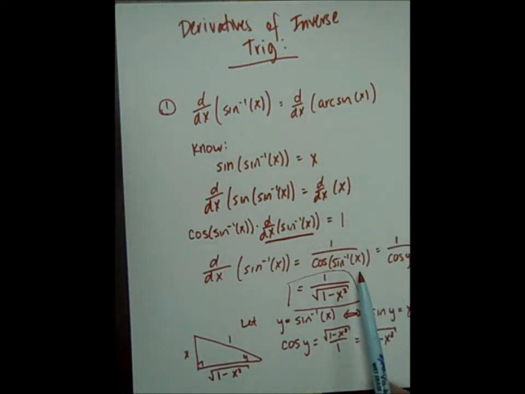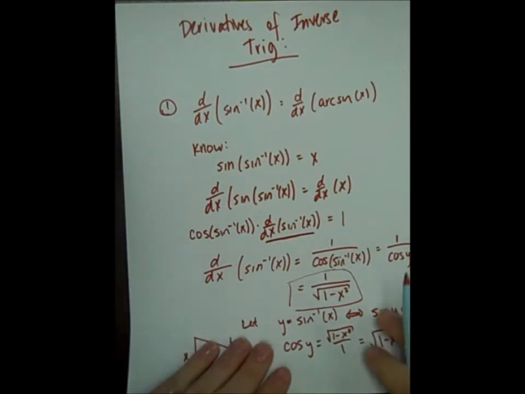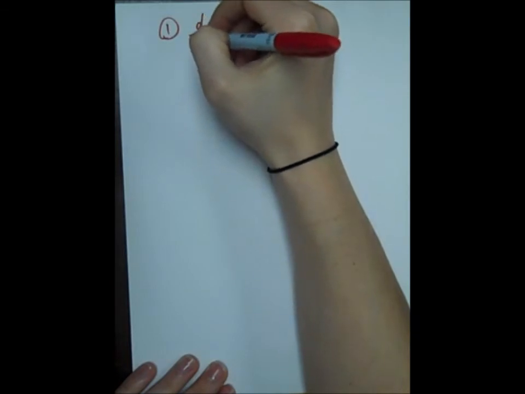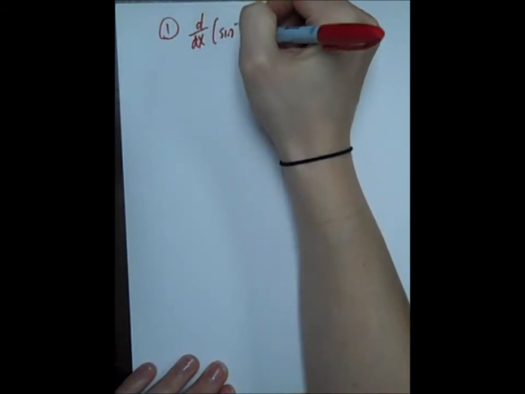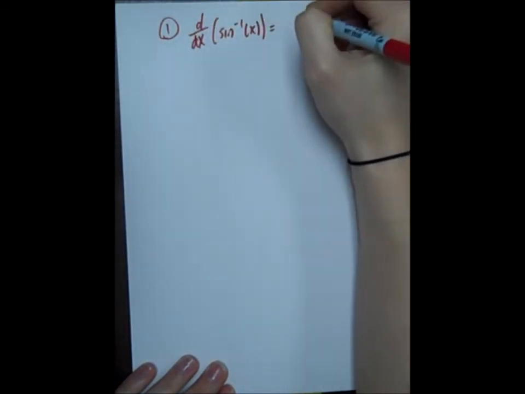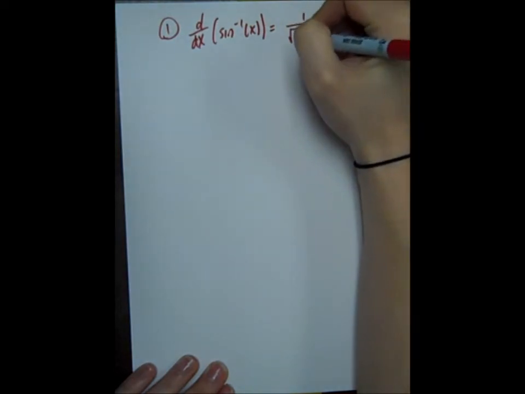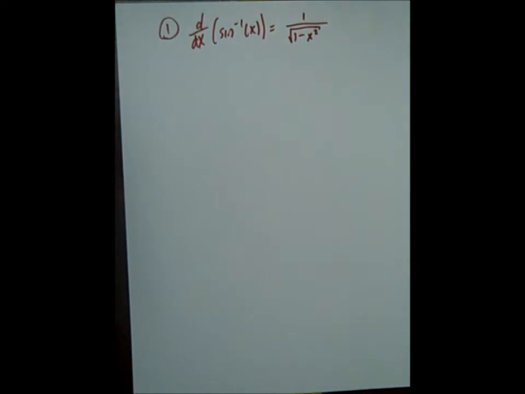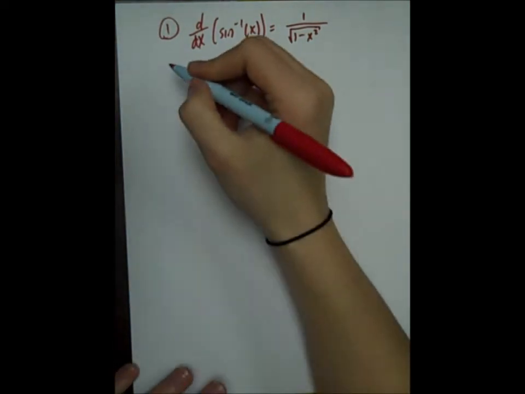Then I found a better formula for cosine of sine inverse using a triangle, and I got that the derivative of inverse sine is 1 over square root of 1 minus x squared. So that's going to be our first rule. The derivative of inverse sine is 1 over square root 1 minus x squared.